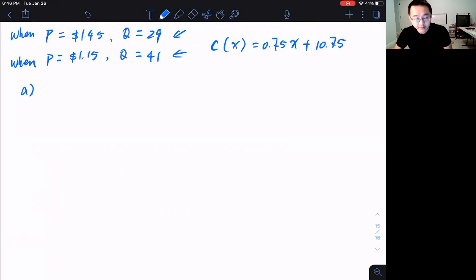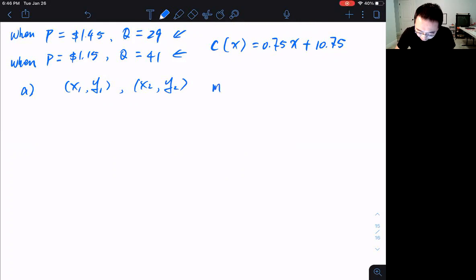We have to go back to last chapter, where we said how you find the equation of a line when you know 2 points on it. The general form: if the 2 points are (x1, y1) and (x2, y2), then first you find the slope.